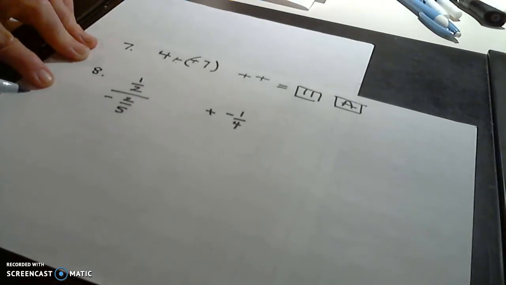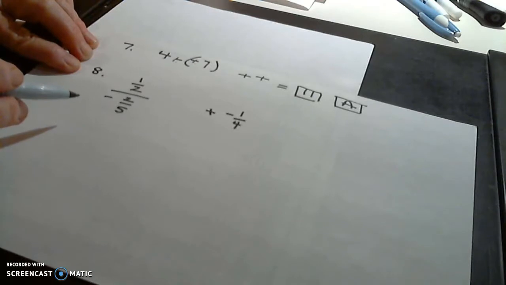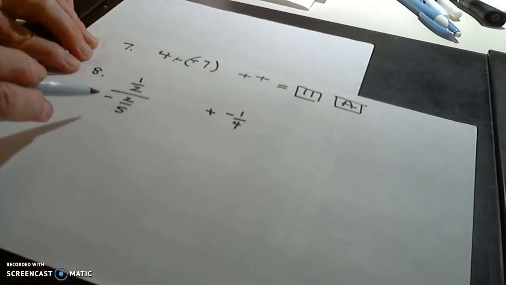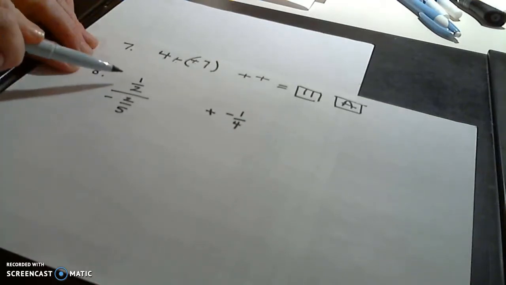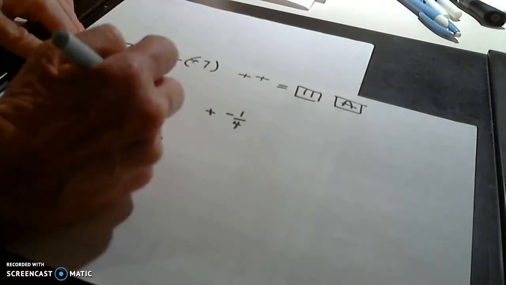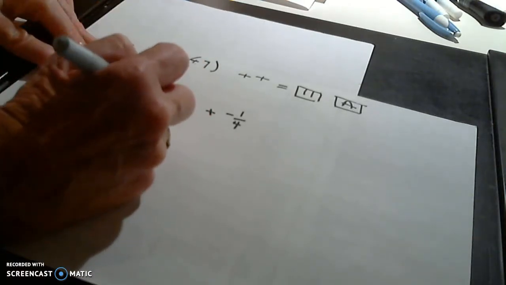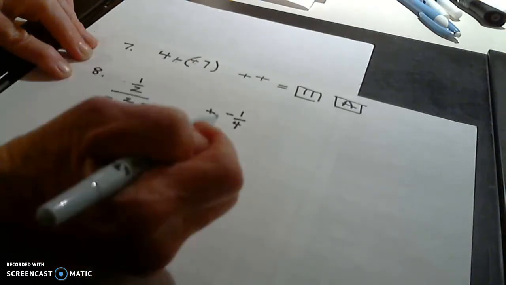Number 8, I need to show my steps on a complicated looking fraction. So I know that I would use PEMDAS, and I'm going to divide before I add. I have two fractions, 1/2 divided by negative 2/5. So again, I'm going to use my reciprocal here to get rid of the 5/2. It has to be negative so that it's a positive 1.